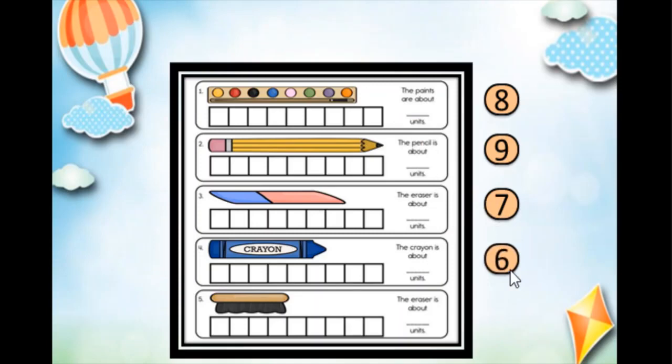Good job. How about the last one? Let's count how many small boxes long is this brush. Ready? Go. 1, 2, 3, 4. The brush is 4 small boxes long.